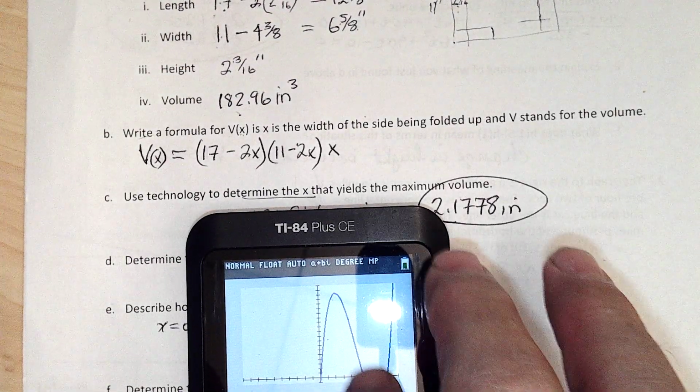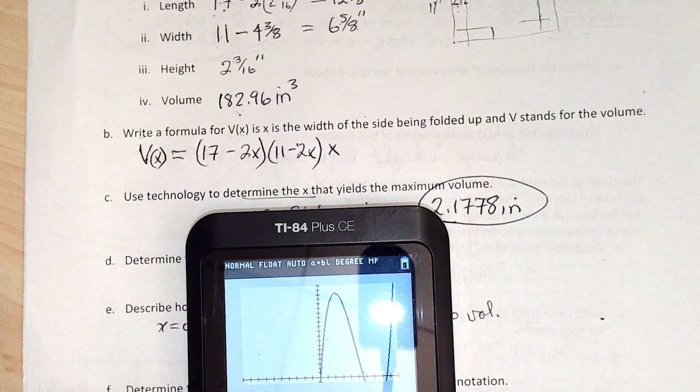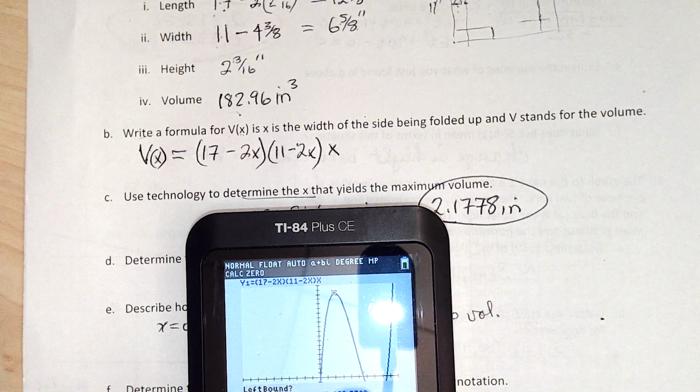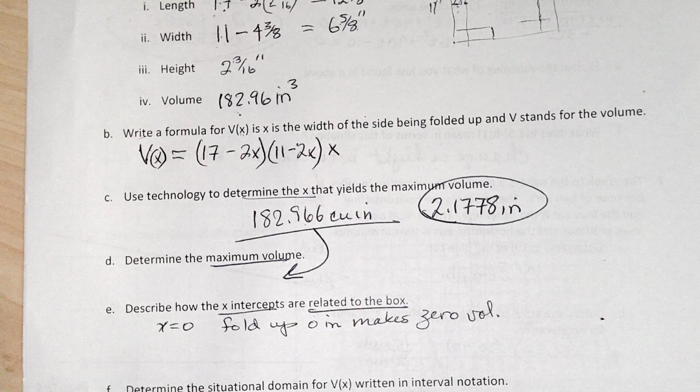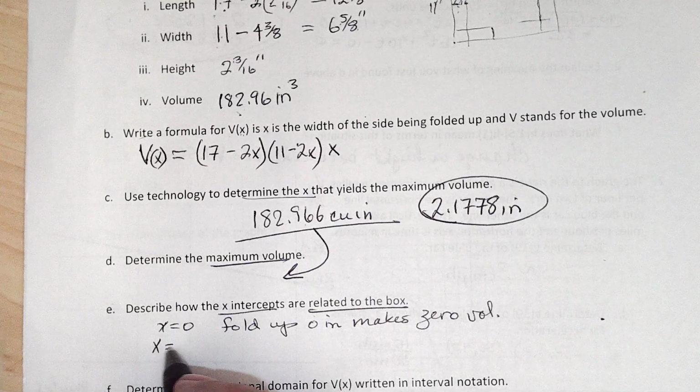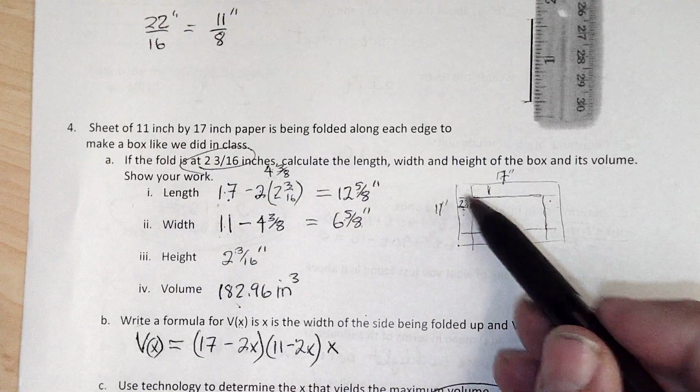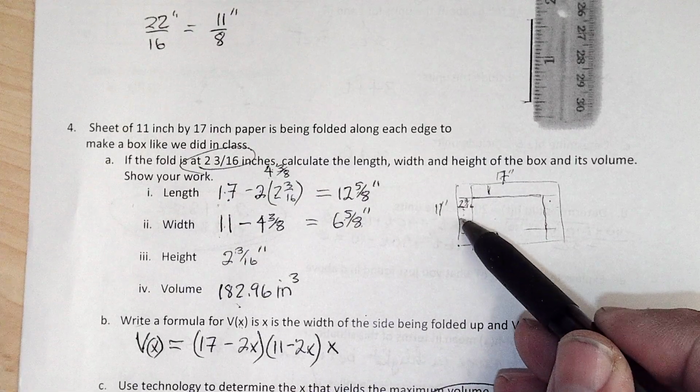Okay, what happens here? What's that 0? So second, calculate the 0 that's somewhere between 4 and 7, and looks like it's about 5, and it says it's 5.5. Now, how does that relate to this? Well, half of 11 is 5.5.